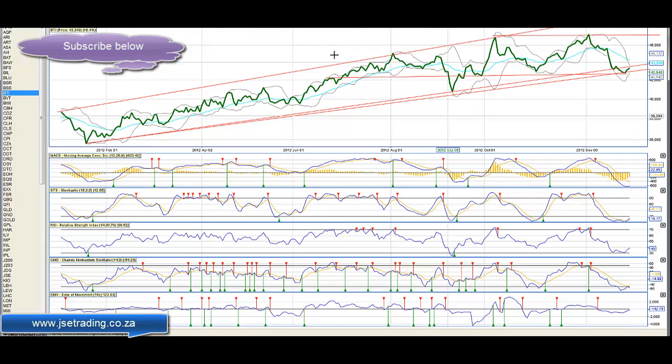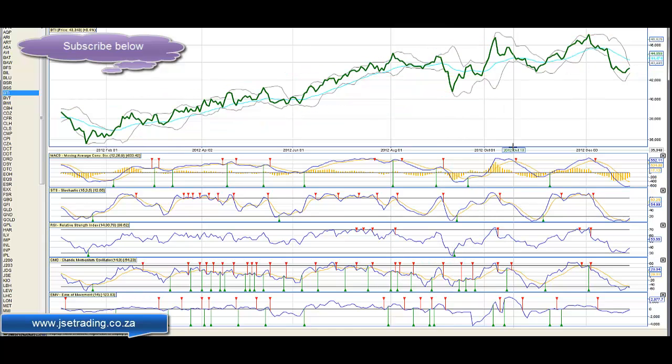Now, to confirm these trend lines, one has to take into consideration your moving averages, your stochastics, your relative strength. Now, if you take your moving average over a period of time, it's showing that it's way oversold, and it looks like it's going to turn.